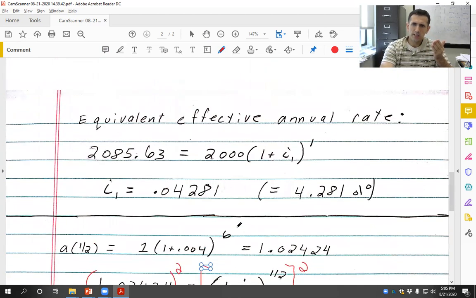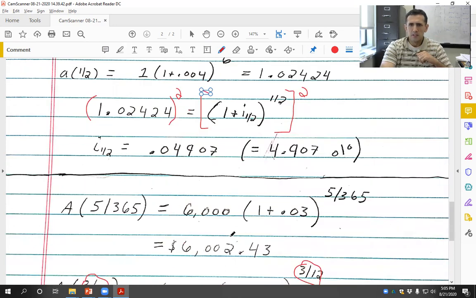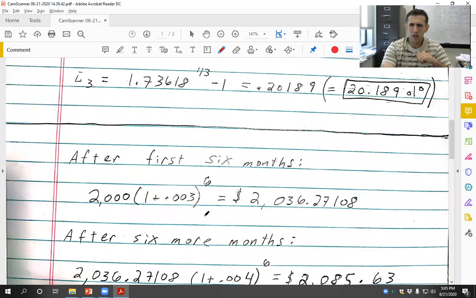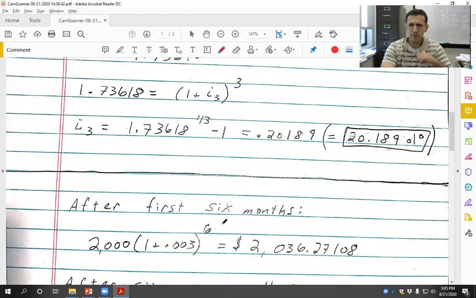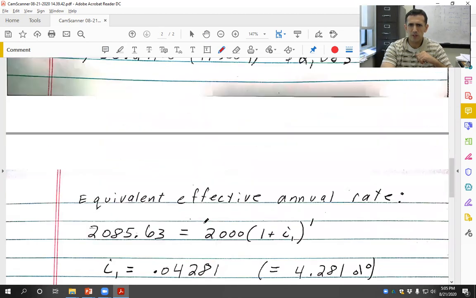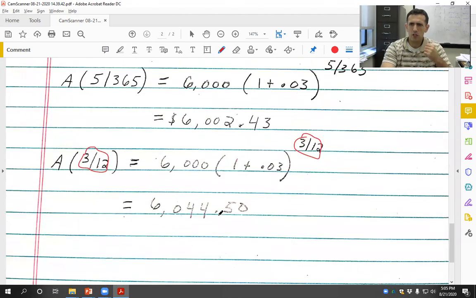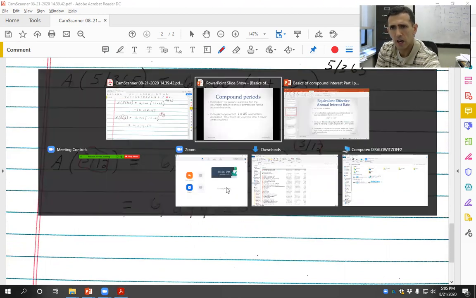Just like in the previous example, we have a 1-month interest rate, so t is in months. Hence, 6 months means you plug in t equals 6. All right. So that was for this example here. Okay, anyway, so plug and chug, plug this into a calculator, we get $6,044.50.